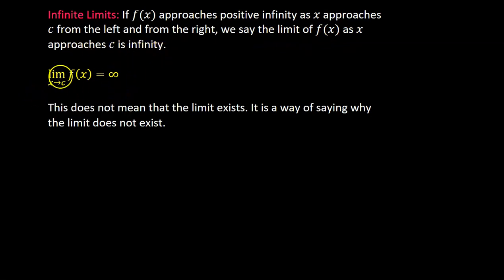And we write it this way: the limit of f of x as x approaches c equals infinity. Please notice this does not mean that the limit exists. In fact, this is a way of saying exactly why the limit does not exist. When we say that the limit is infinity, we're saying the limit does not exist because of the unbounded nature of the function at c.